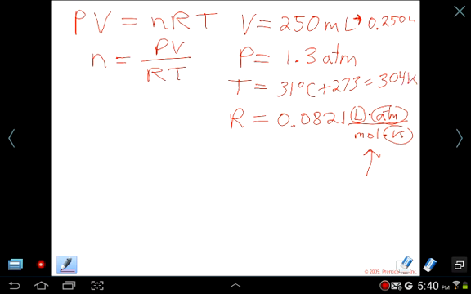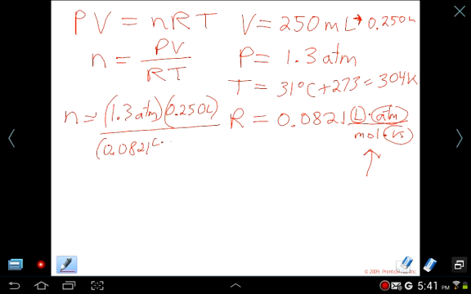So our moles is equal to pressure 1.3 atm multiplied by a volume which is 0.250 liters divided by our gas constant, 0.0821 liters atmospheres per mole Kelvin, multiplied by, on the bottom, our temperature, which is 304.